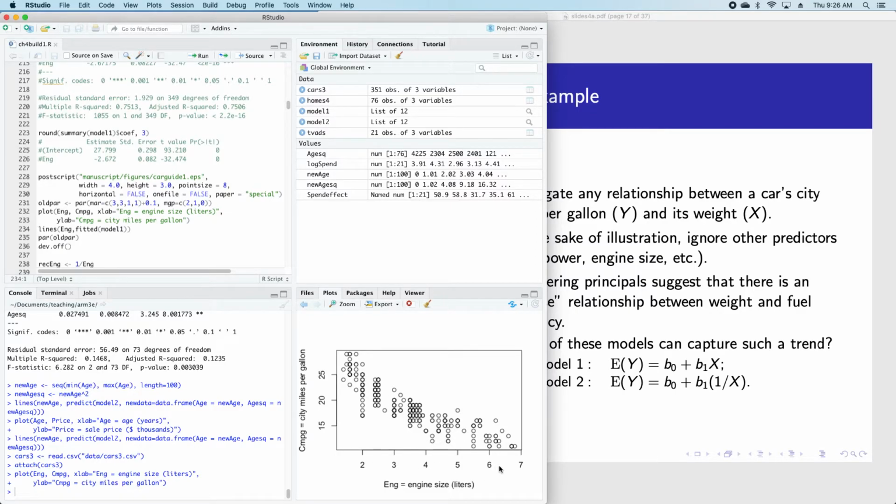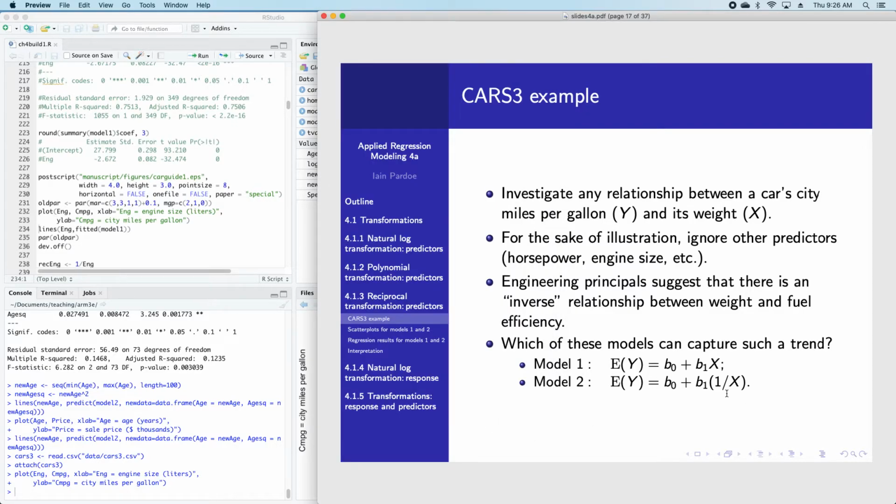As engine sizes get bigger, fuel efficiency comes down. But if you talk to an engineer, they're going to say, well, it's an inverse relationship, but it's not a straight line, it's a curved line. And so they would tell you that you've got to take the reciprocal of engine size.